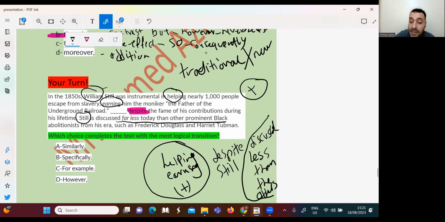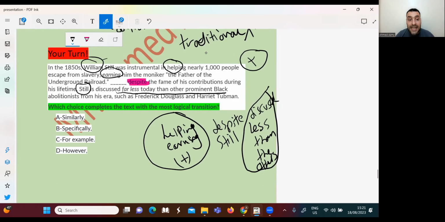The second part says that despite this person's contributions and fame, he is discussed far less today than any other Black abolitionist. Is that positive or negative? The second sentence is negative. So what's the relation here between both? Contrast. Which transition shows the contrast relationship? However. Bravo.